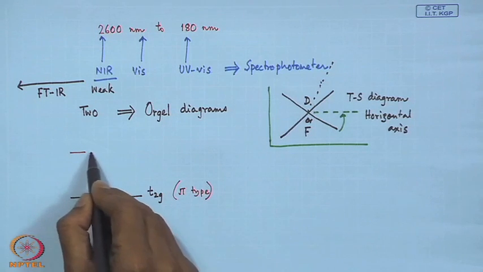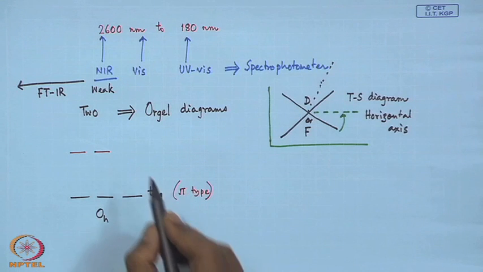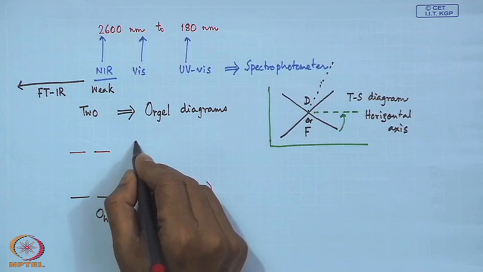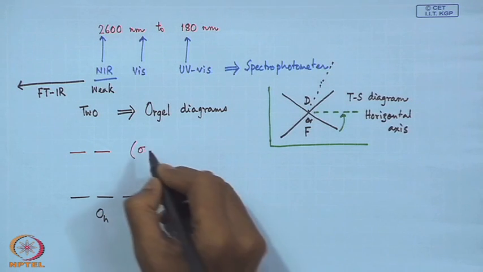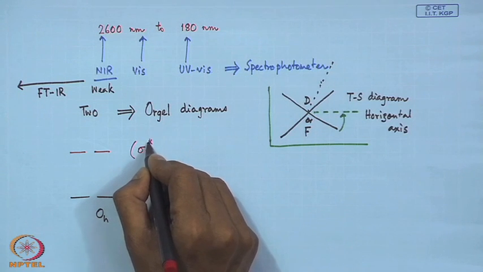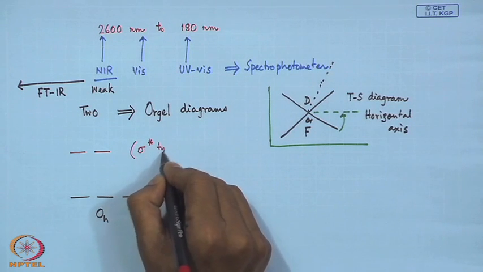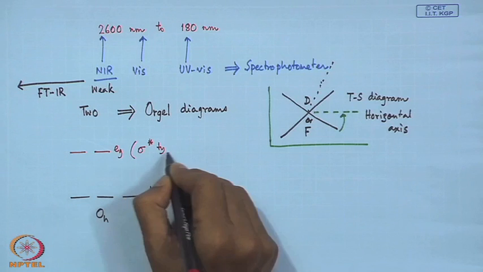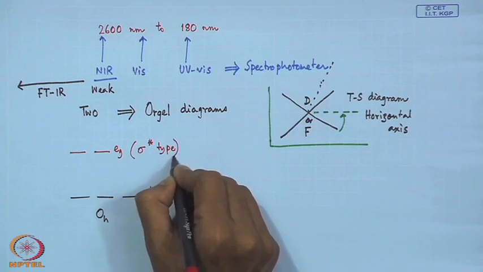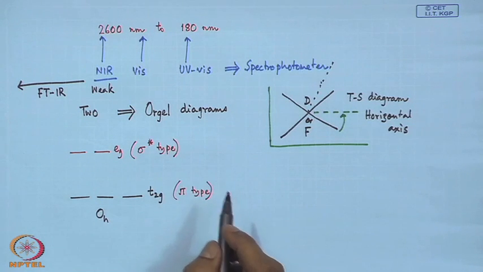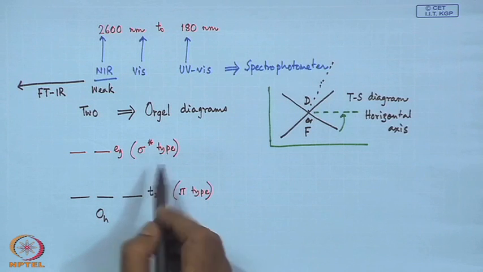We also have the Eg level, which is of sigma star type.